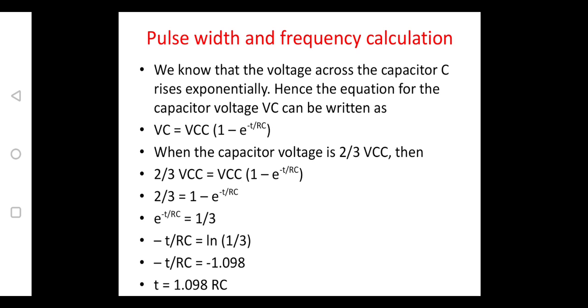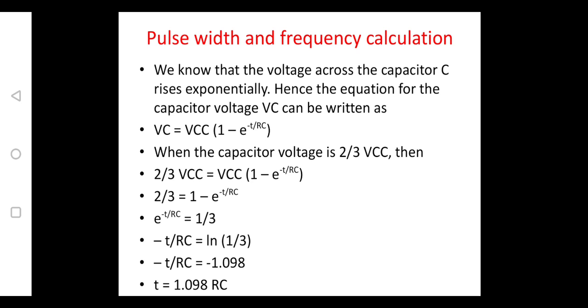So we know that the voltage across the capacitor is given by VCC into (1 minus e power minus t by RC). So when the capacitor voltage is 2 by 3 VCC, just substitute VC as 2 by 3 VCC and simplify, so that you will get T equivalent to 1.098 RC.